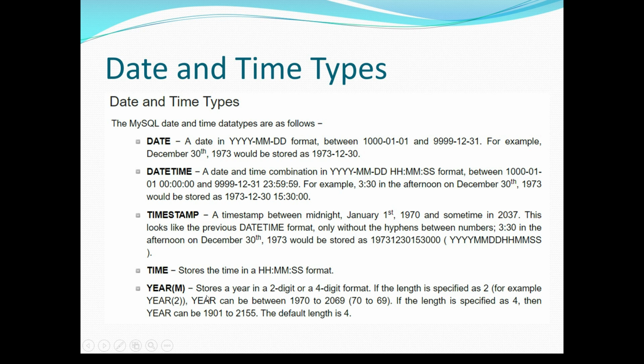Year stores the year in 2-digit or 4-digit format. If the length is specified as 2, year can be between 1970 to 2069, that is 70 to 69. If the length is specified as 4, then year can be 1901 to 2155. The default length is 4.